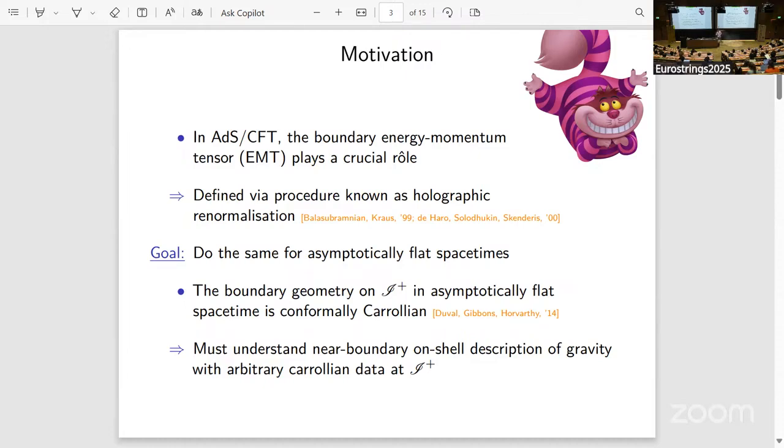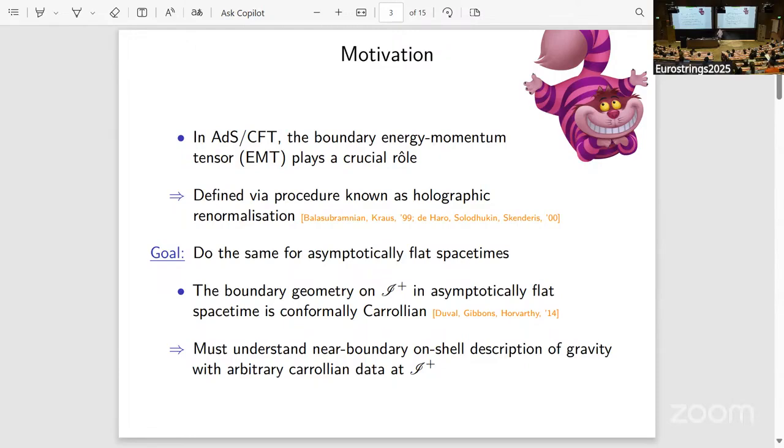The way that works is essentially that you solve Einstein's equations near the boundary while keeping the metric on the boundary free. And then by varying the on-shell but renormalized action, because generically it diverges, so you need to renormalize it, you can extract, by varying this boundary metric, the energy momentum tensor on the boundary, which is then the CFT energy momentum tensor.